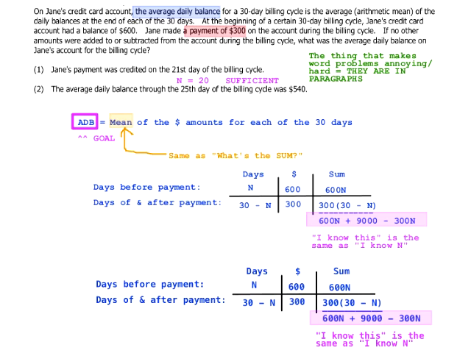The thing you can think about is that this is the same analysis we've already done, except that you can put 25 in there, because we're talking about the average balance through the 25th day.